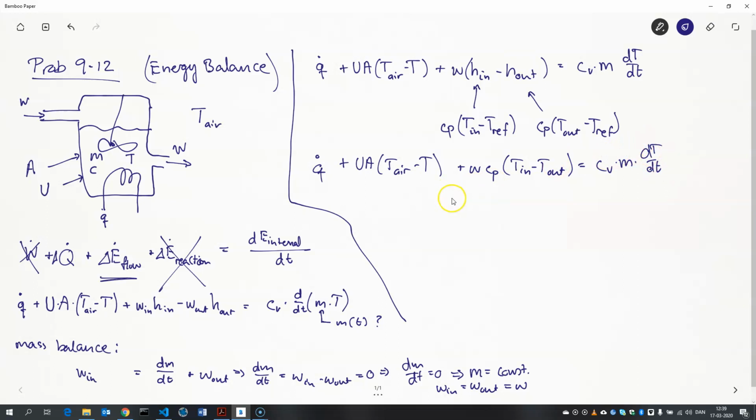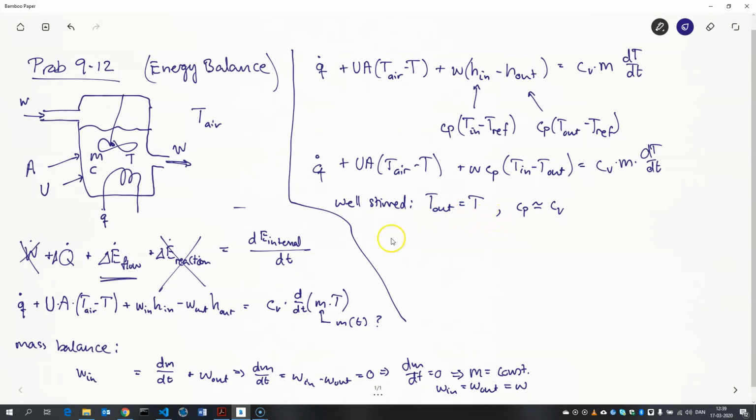All right. Now, if we assume that the tank is well stirred, that means that the temperature of whatever goes out here is the same as the temperature of the contents of the tank. There's no temperature gradient inside the tank. So basically T out is equal to T. And also, since we're dealing with a liquid, the two heat capacities are virtually equal to each other, so there's no point in distinguishing.